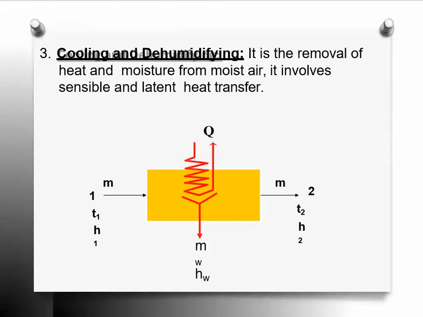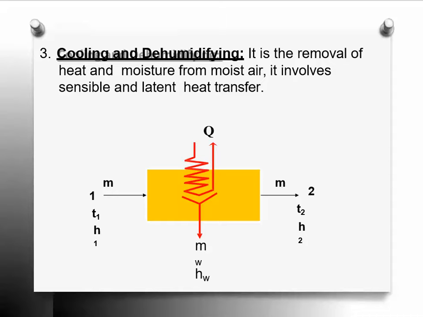Then we have cooling and dehumidifying. Dehumidifying means removal of water vapor from the air and making the air dry. It is the removal of heat and moisture from the moist air.